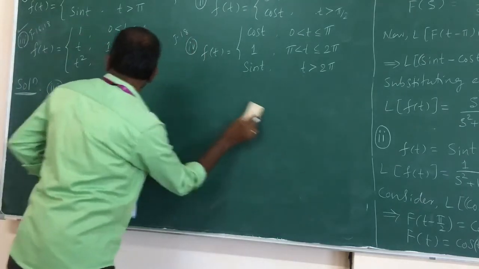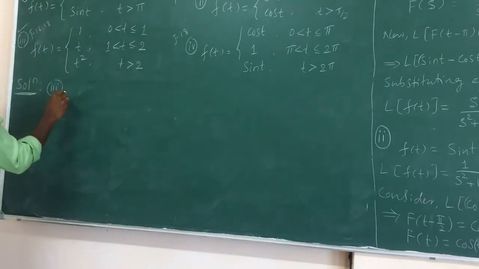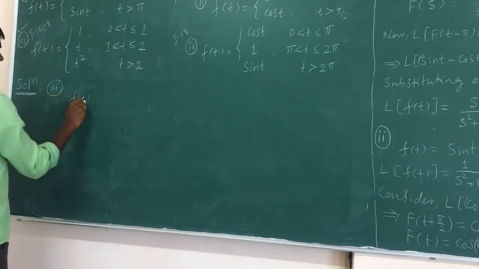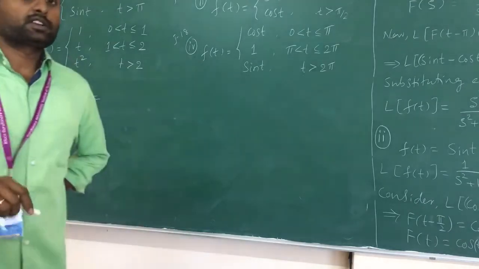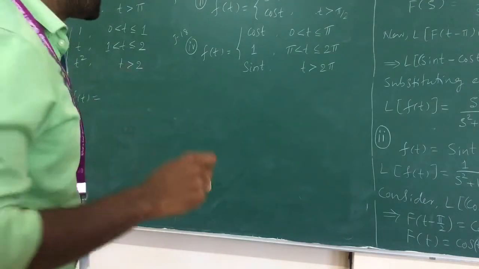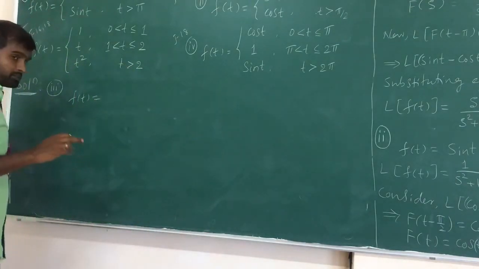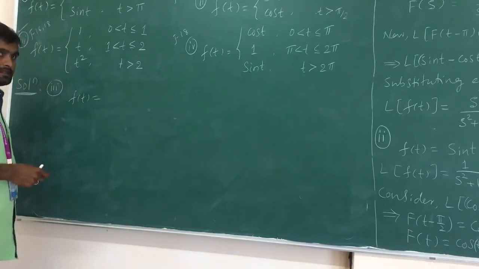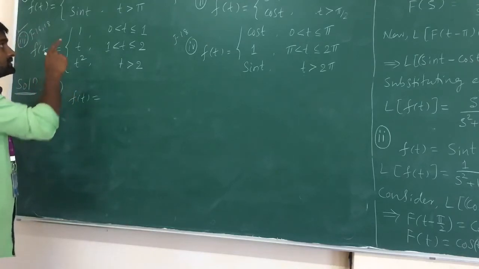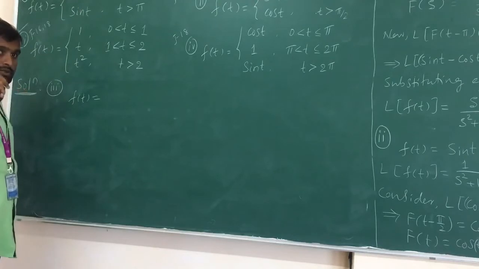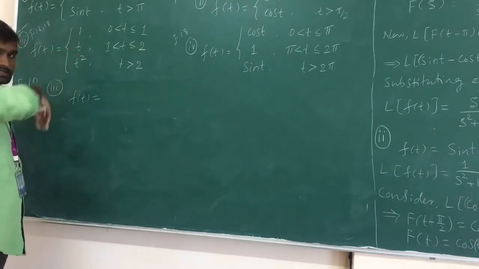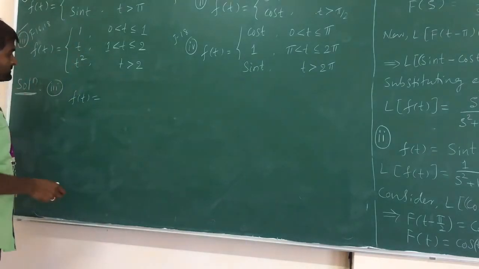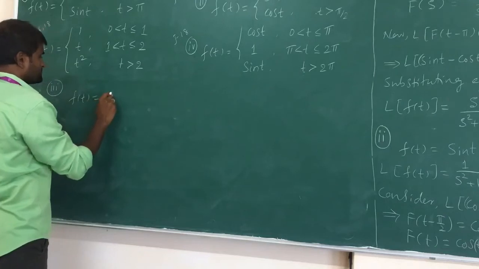Express this discontinuous function in terms of Heaviside unit step function by using property 3 and 4. Particularly, if you have only two sub-functions, use property 3. If you have three sub-functions, use property 4. Same procedure.